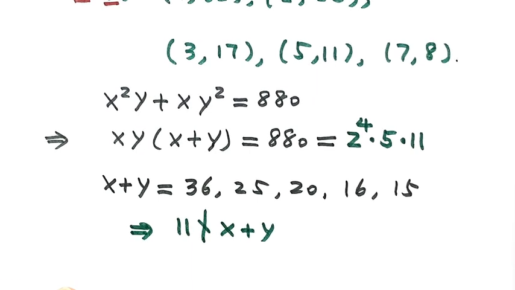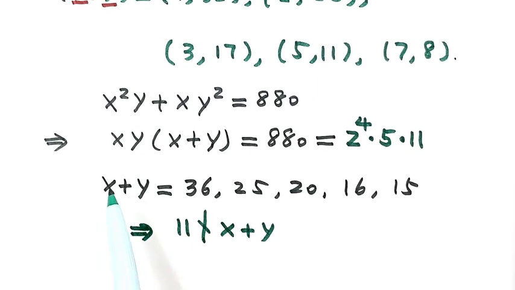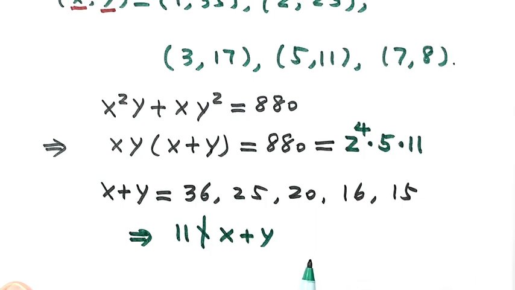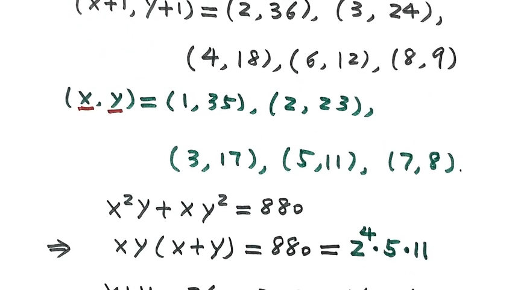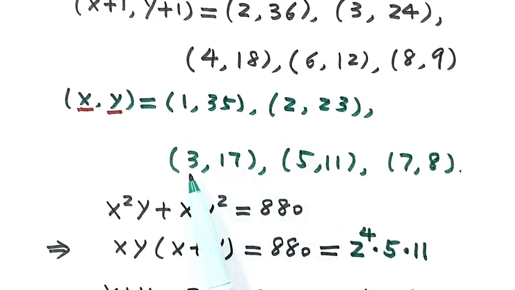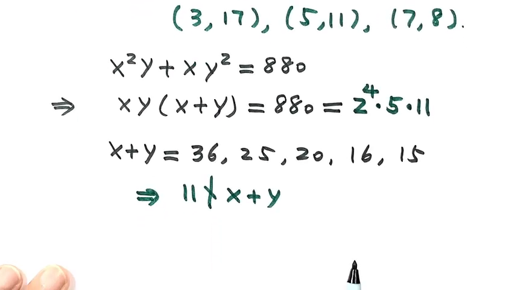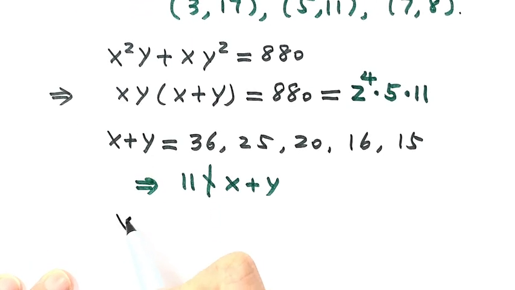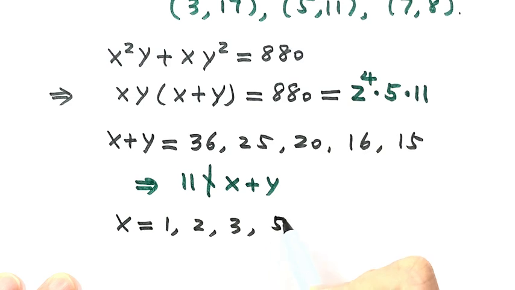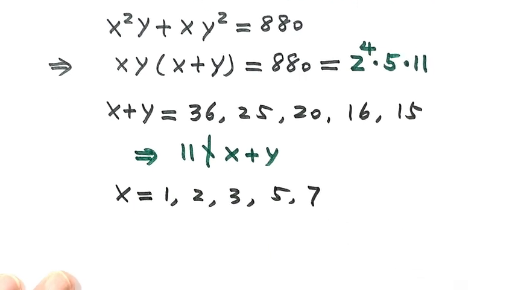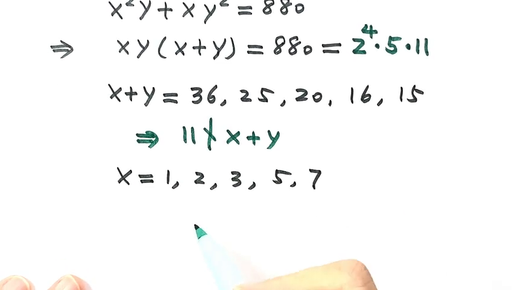That's the first case. Now let's see x. Here x equals 1, 2, 3, 5, 7. We can easily tell that x is not divisible by 11.